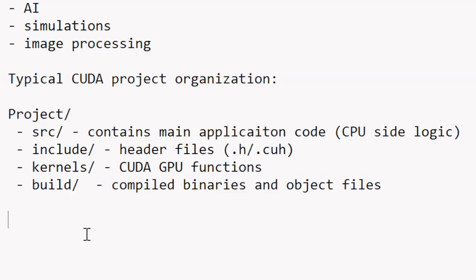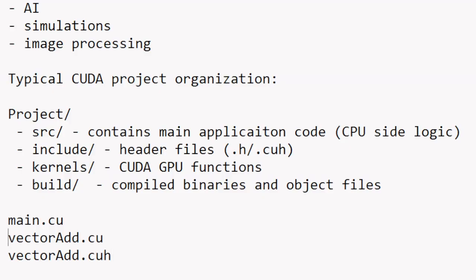And some examples of files in a typical project could be something like this. You can have main.cu, vector_add.cu, and a .cuh header file.